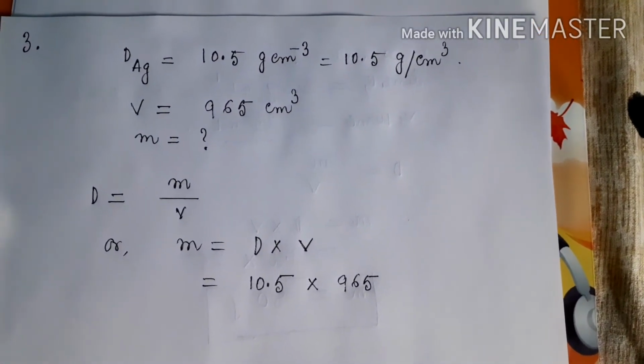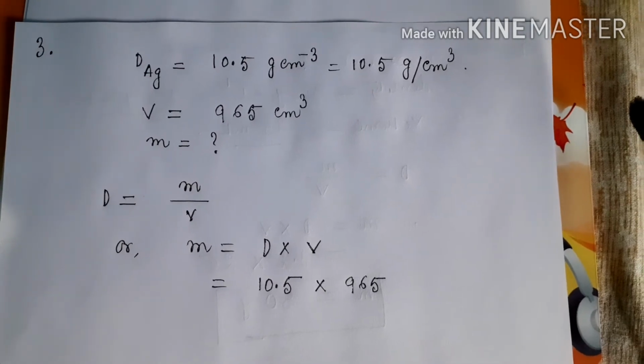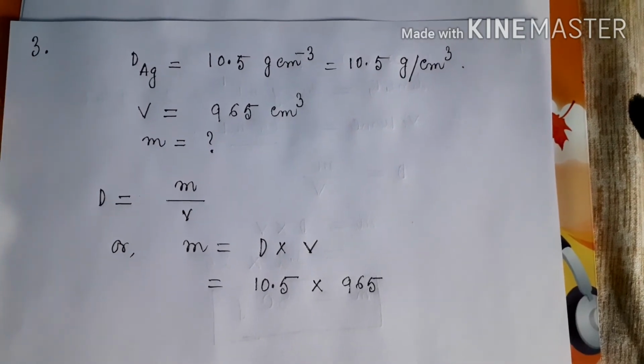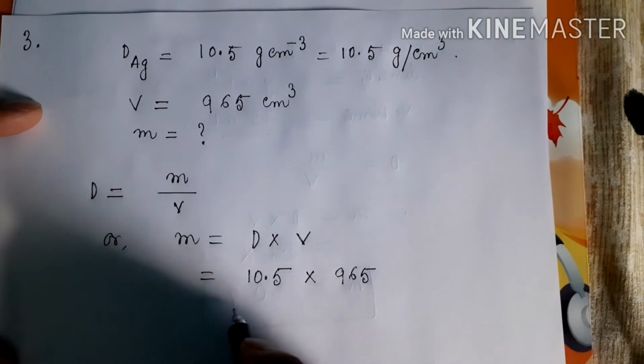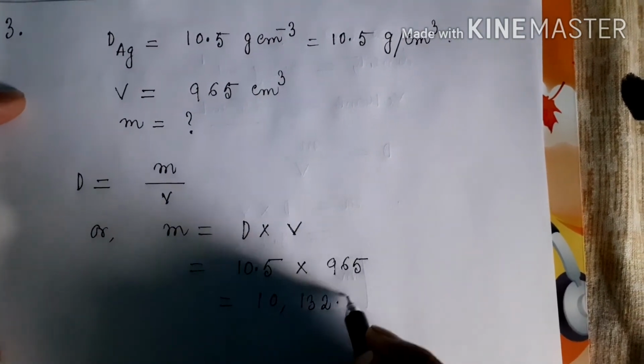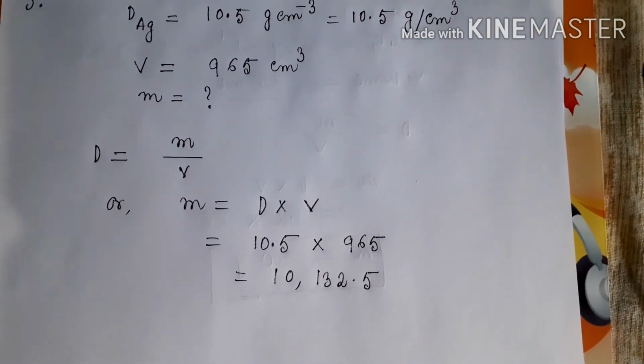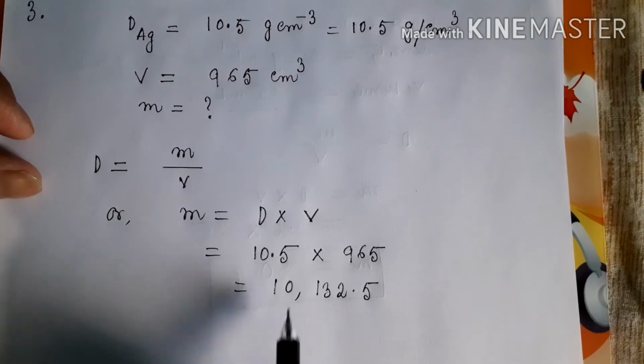So if you multiply 10.5 into 965, then you will get the result. Okay, but here we will not write this way, we will just shift that one.